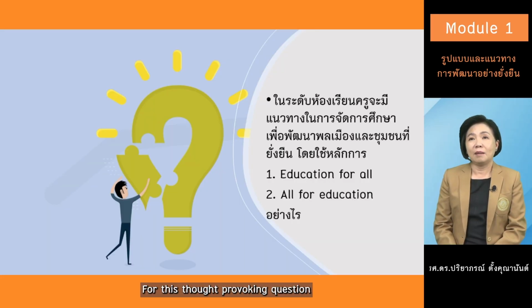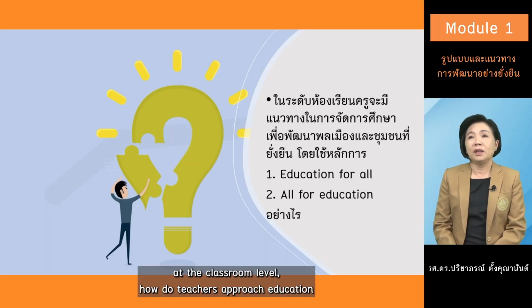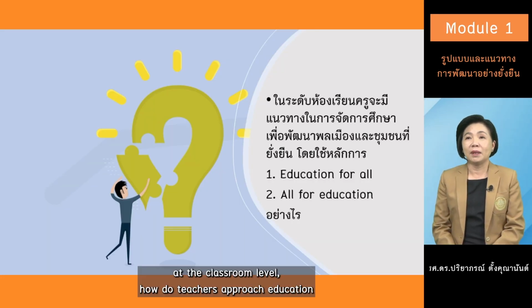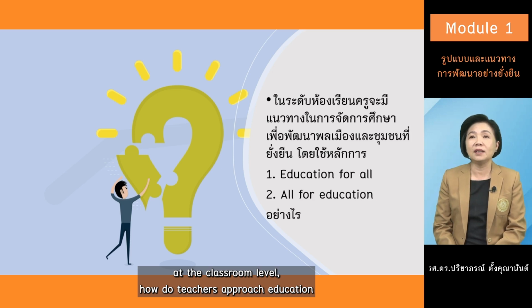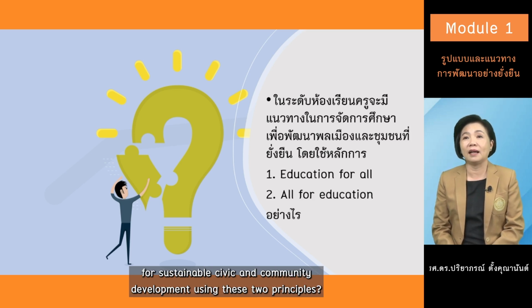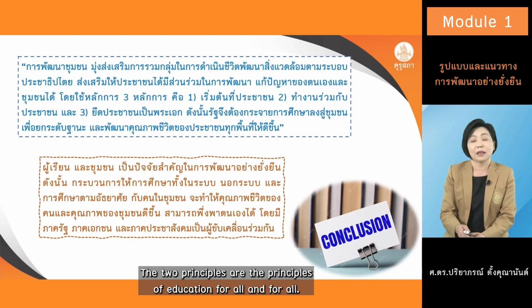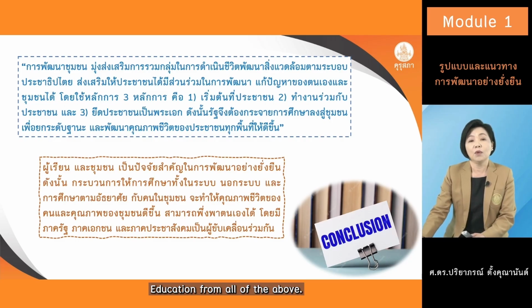For this thought-provoking question at the classroom level, how do teachers approach education for sustainable civic and community development using these 2 principles? The 2 principles are the principles of education for all and for all education.